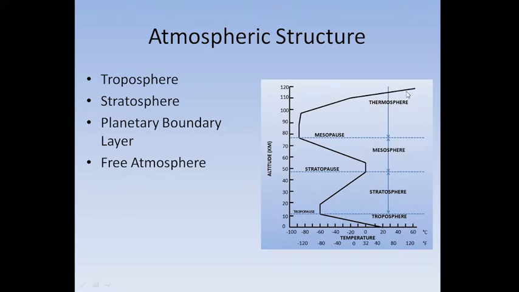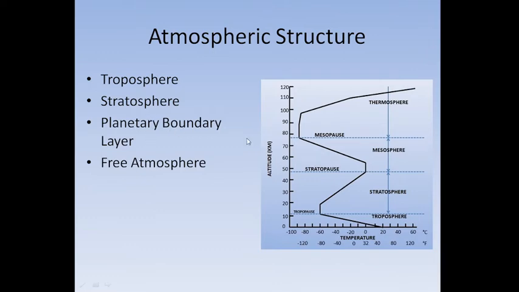Temperature increases with height, and that pretty much caps the atmosphere. Now you have the exosphere and a couple other layers, but we don't really need to worry about all those. We're in the troposphere. All we need to worry about is that one. That's where all the weather occurs, and that's what we're looking to analyze, diagnose, and forecast.